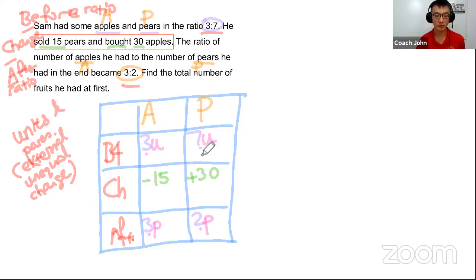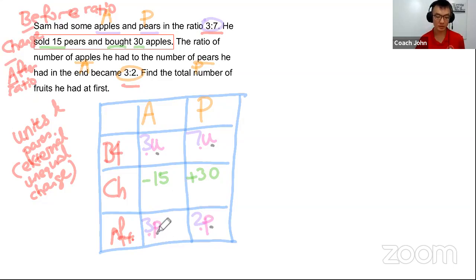Now, the standard way of solving units and parts using simultaneous equations of two unknowns is always to make the parts the same.